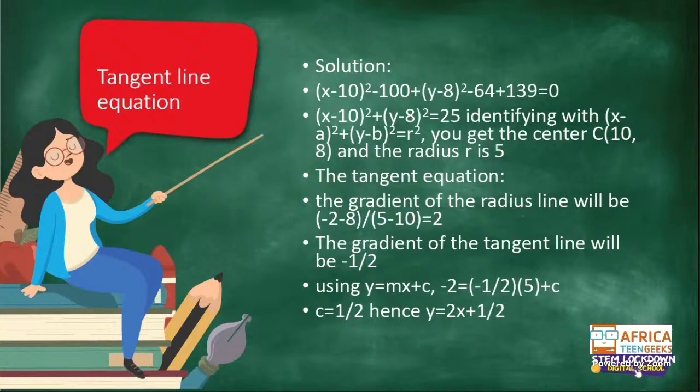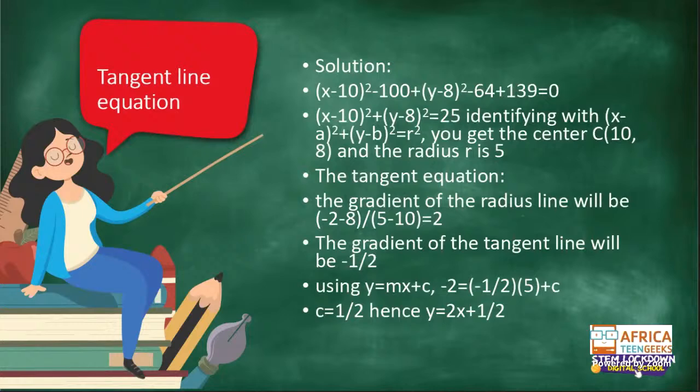So now by working it out, you will have (x minus 10) all squared plus (y minus 8) all squared. And then if you look at minus 100 up here, you have minus 100 minus 64, which is negative 164, plus 139. The answer was negative 25. Therefore, when you send negative 25 to the right, it becomes 25.